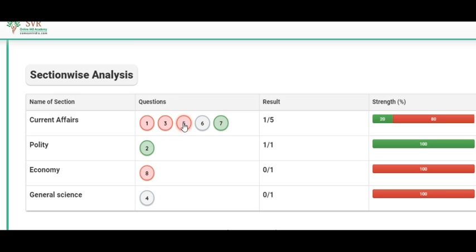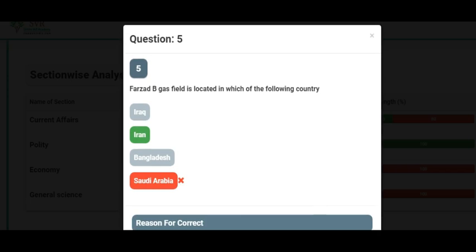Now let's come to question number 5. Question number 5 says, Farzad B gas field is located in which of the following countries? That is located in Iran. I have marked the answer wrongly. You might have studied about the Farzad B gas field, which often comes in the news.